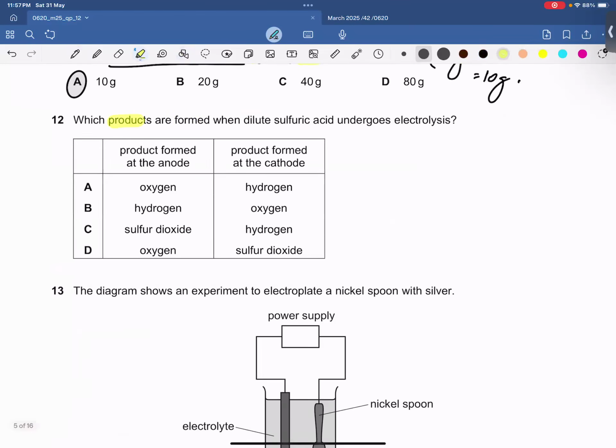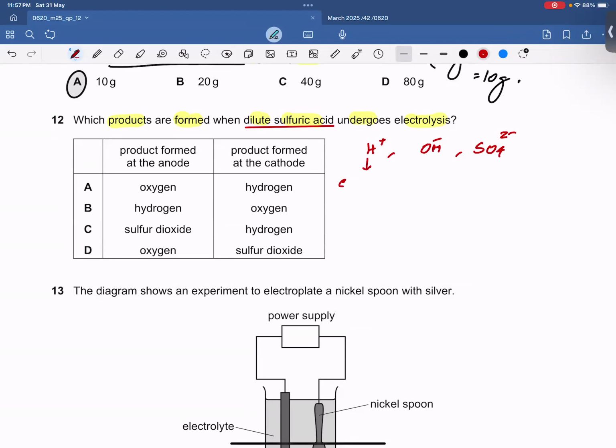Which products are formed when dilute sulfuric acid undergoes electrolysis? That's what we have done in the class. We have 3 different ions in dilute sulfuric acid.